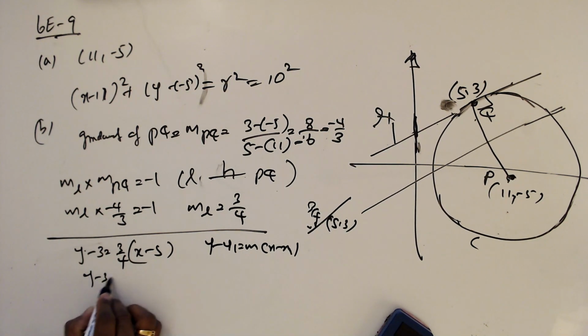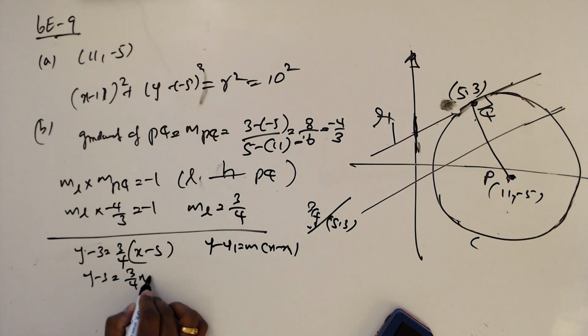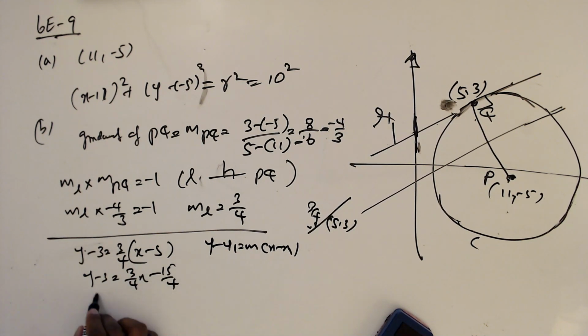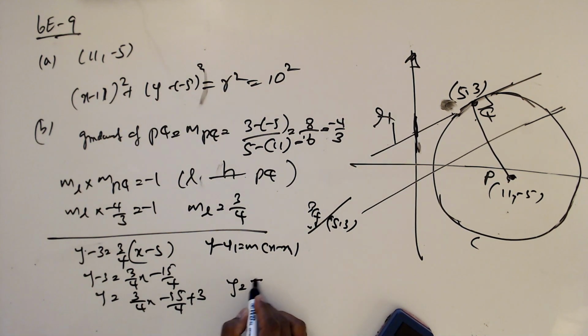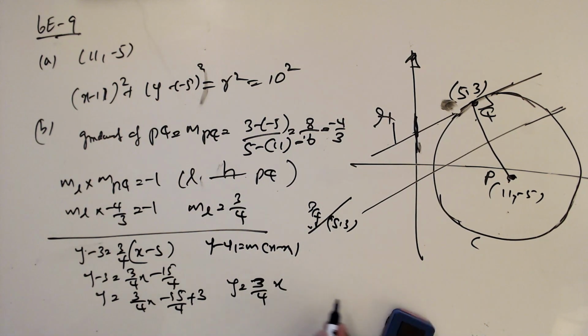So y - 3 = 3/4 x - 15/4. So y = 3/4 x - 15/4 + 3, which is y = 3/4 x - 3/4.